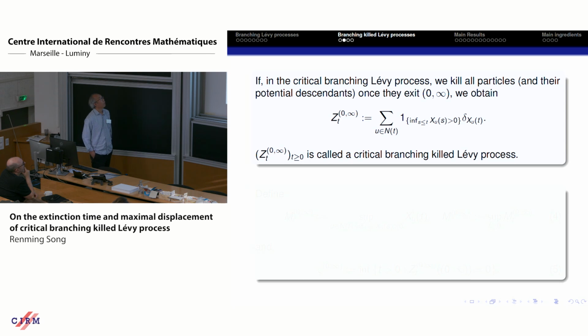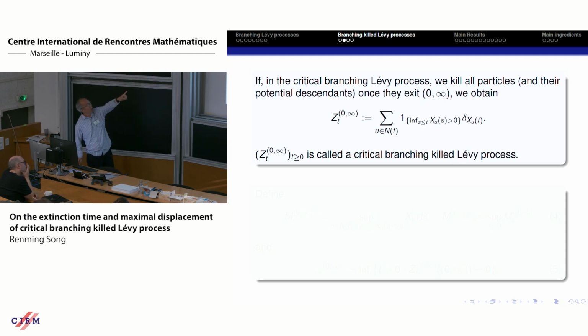Okay, so remember we're dealing with a critical branching Lévy process. If in that critical branching Lévy process, we kill all particles along with their potential descendants once they exit the positive half-line, then of course we obtain a new point process.